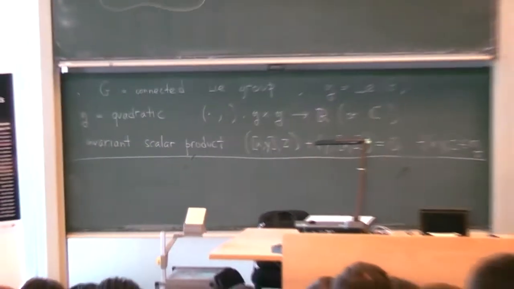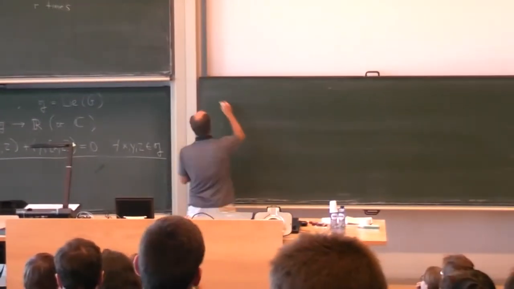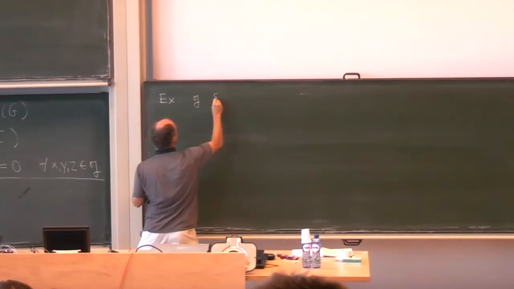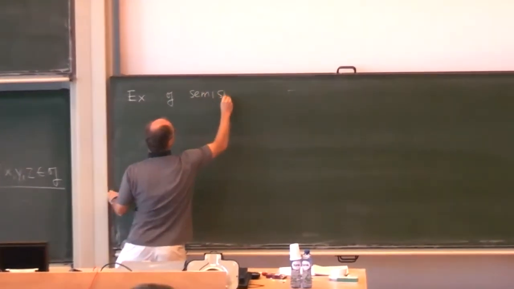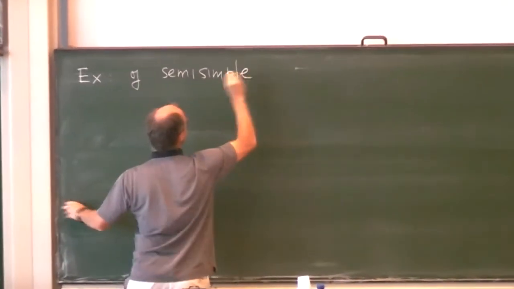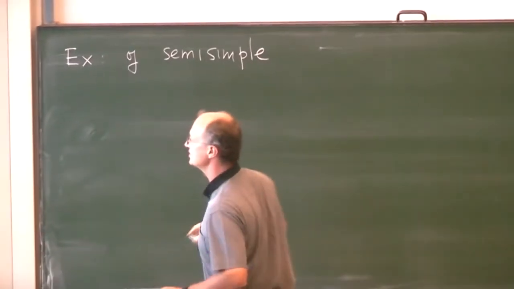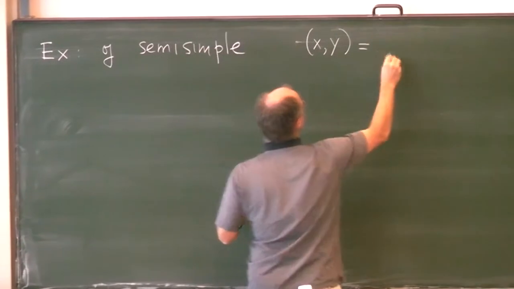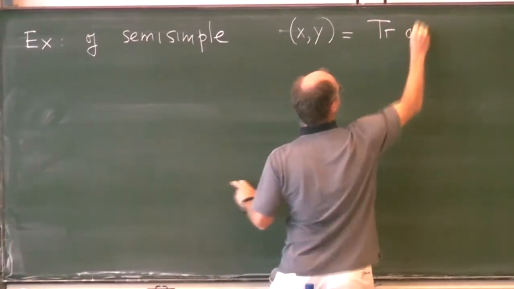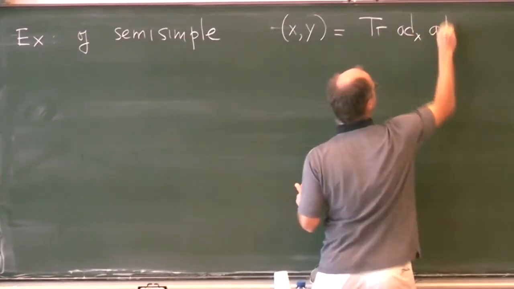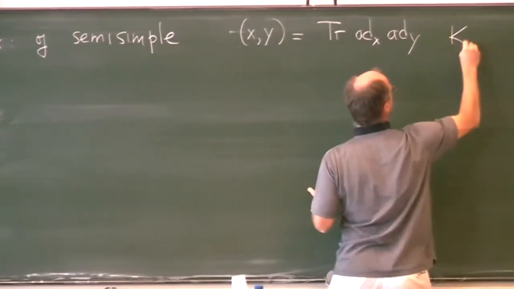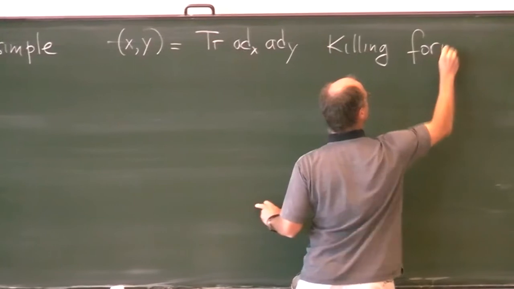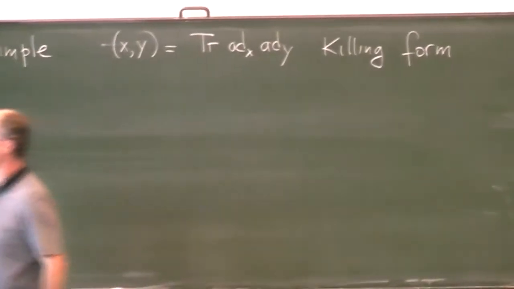Perhaps just to remind you, one example would be G semi-simple. In this case, you can take the Killing form to define this quadratic structure.